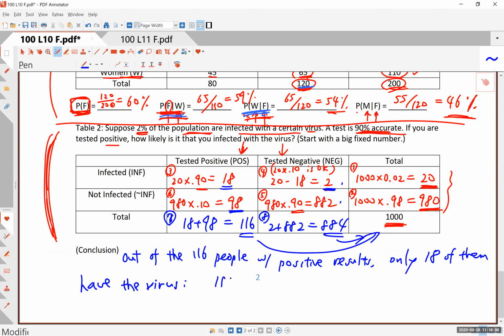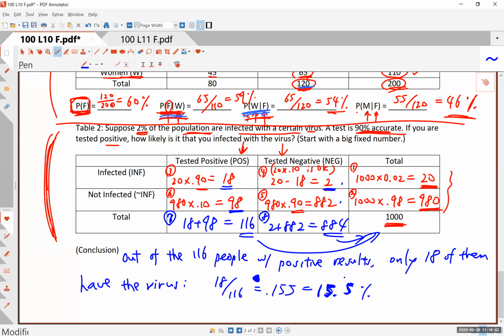All right, so 18 out of 116. This turns out to be 15.5%. I'm going to cross out this page number. So what this is saying is, if you test positive for this rare virus, only 15% of those people who test positive actually have the virus. Most of them don't. Okay.